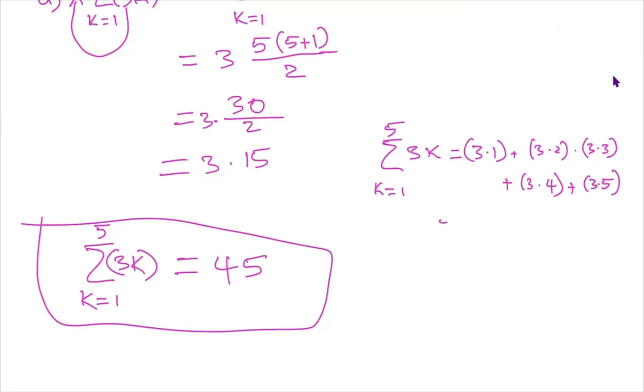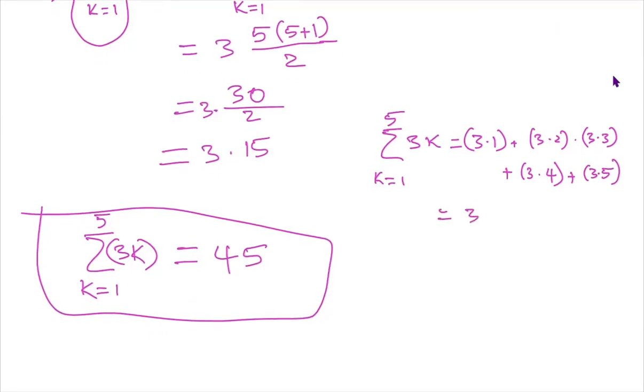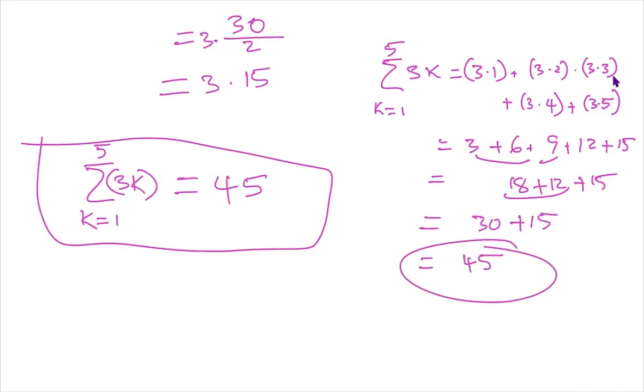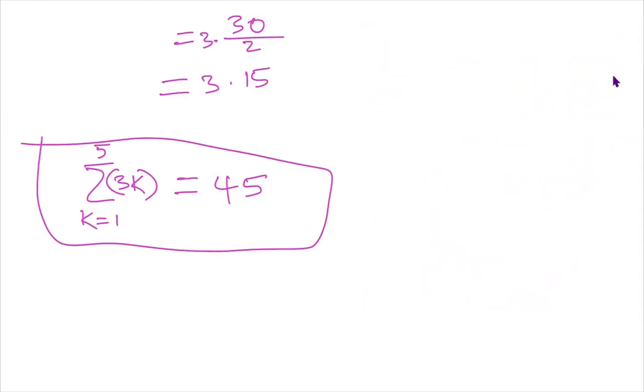So that is 3 plus 6 plus 9 plus 12 plus 15. That's 9, 18 plus 12, plus 15. That's 30 plus 15. That is 45. Just wanted you to verify this. So that works.